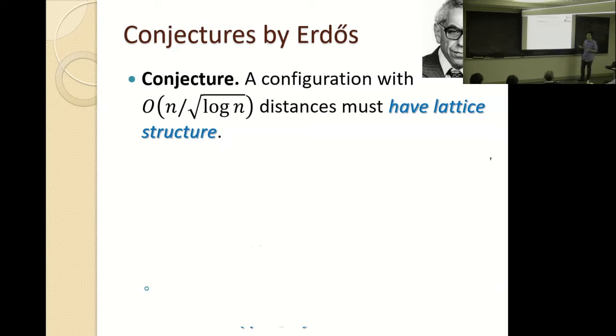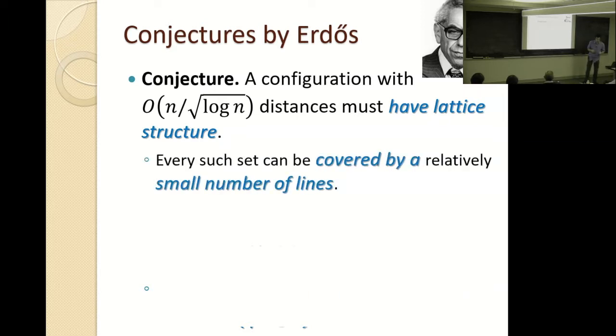There are all sorts of people who think different things about what it should mean. This is very hard. We don't know how to do this. So Erdős conjectured, let's show that if there's a set with few distances, maybe we can cover it by a relatively small number of lines. It's not a lattice, but it's kind of a step towards a lattice, right? Still, extremely difficult. How do you do such a thing?